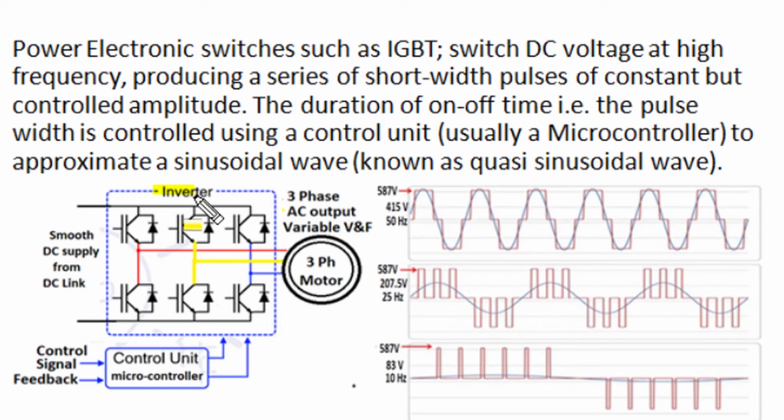In inverter operation, switching of power electronic IGBT switches is controlled by a microcontroller unit, and this unit produces switched DC voltage output at high frequency, and a series of short wave pulses are synthesized in such a manner that they will produce a desired voltage and desired frequency alternating voltage output.